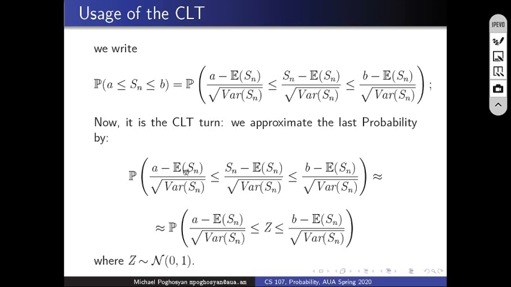A is given. So we can calculate this. Variances can be calculated through variances of xk's. We have variances of xk's, so we can calculate this. So we will have this number, and we will have this number. And Z is standard normal. We can calculate this probability. Then we will approximate this initial probability. This is the way we are using that central limit theorem.